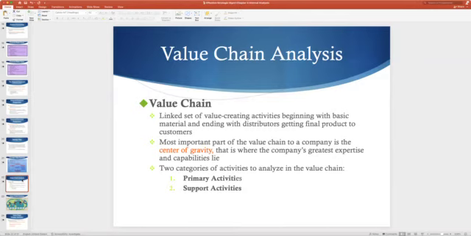Now, where your firm is located on that series of value creating activities, that's your center of gravity. That's where your firm has the greatest control over those activities. When we look at a value chain analysis, we're analyzing two sets of activities: primary activities and support activities.